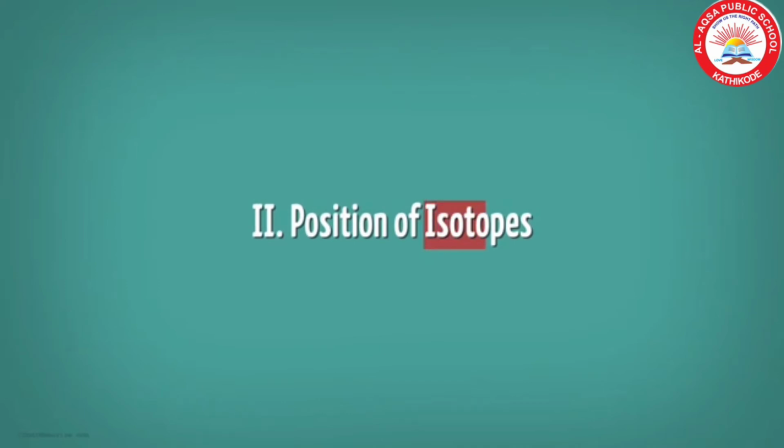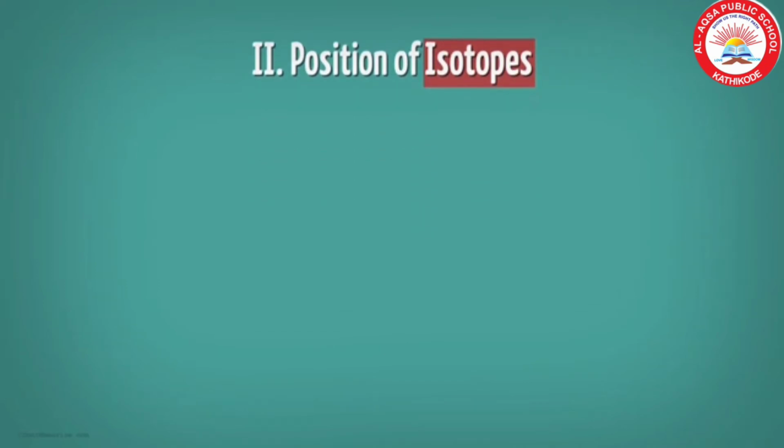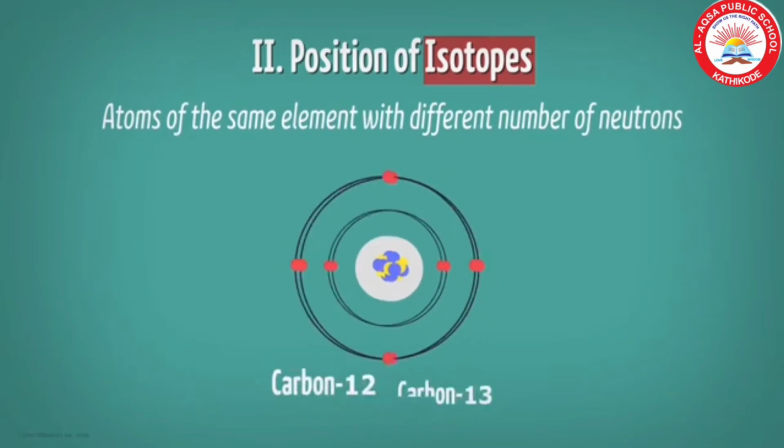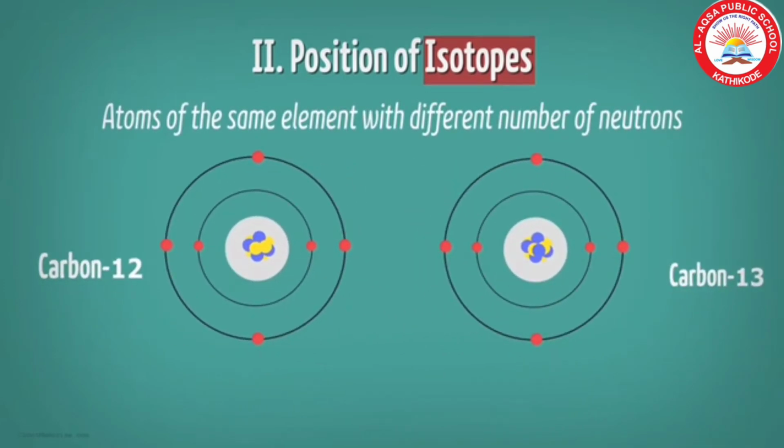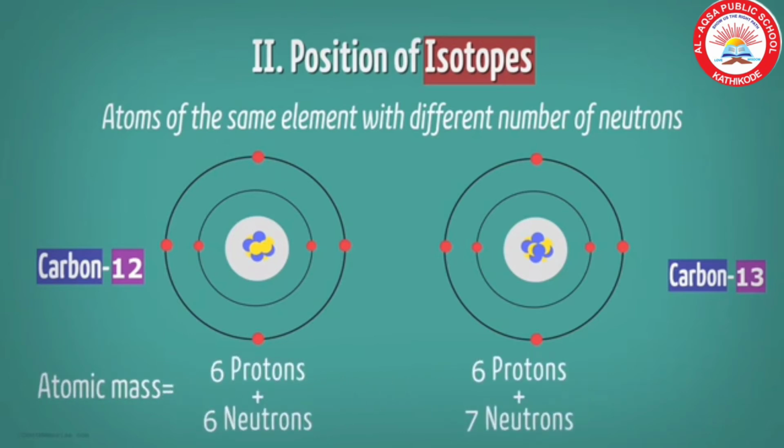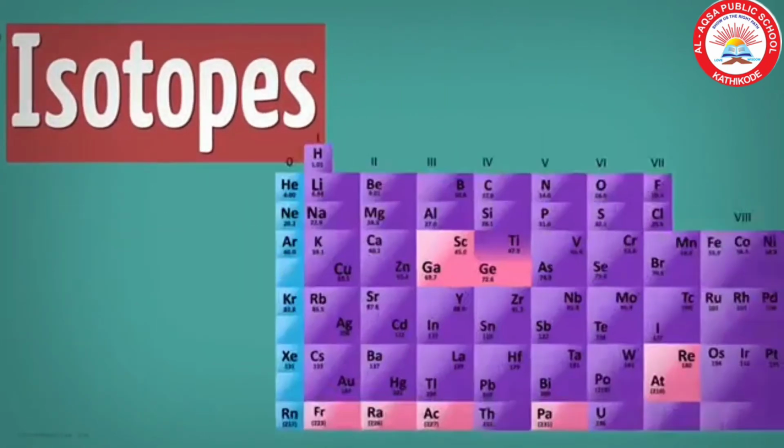position of isotopes. Do you remember what are isotopes? Isotopes are the atoms of the same element with a different number of neutrons. That means they contain same number of protons and different number of neutrons.